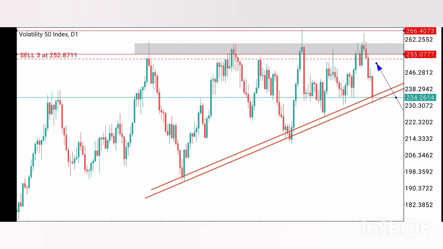So look at what makes me hold the trade. Number one is that I have a fine setup. Number two is that I have a signal, which is the reversal pattern, the evening star.